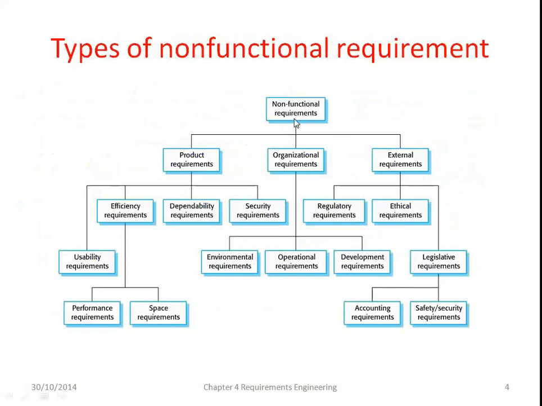There are types of non-functional requirements. They can be classified into three: product requirements, organizational requirements, and external requirements. The product requirements are classified into efficiency requirements for a particular product, dependability requirements, security of the product, usability, performance, space. All these come under product requirements.